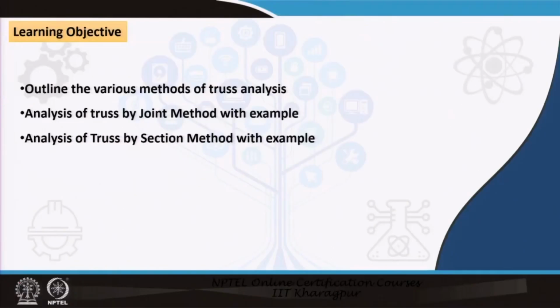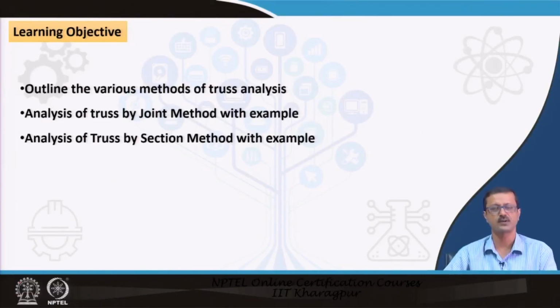The course objective of this lecture is to outline the various methods of truss analysis. That is the prime goal, and we will do the analysis of the truss by virtue of both very popular methods, the joint method and the section method.